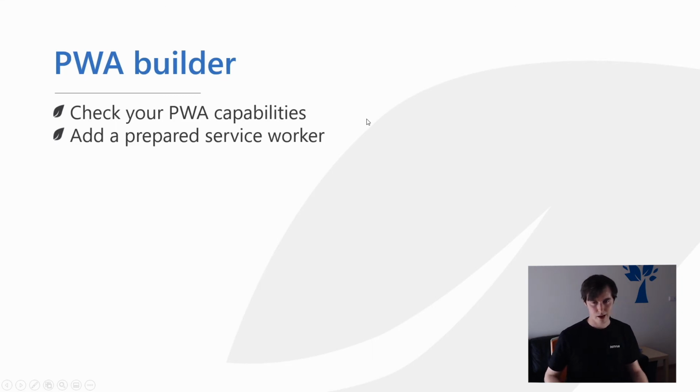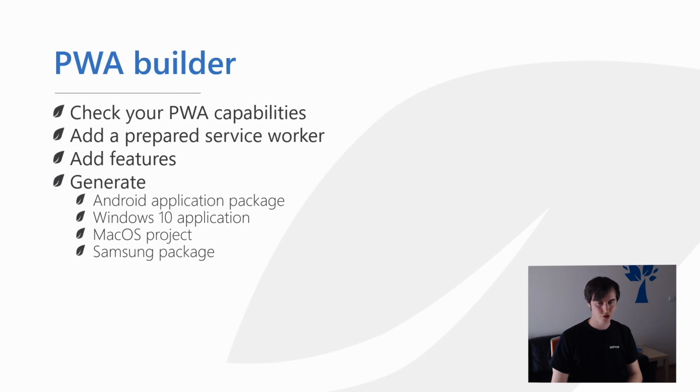You can have some service workers that are already prepared and you just copy paste them into your application. So this site helps you with setting up your whole PWA experience. You can add additional features from the website, and you can even generate the packages that you can submit to the different stores.